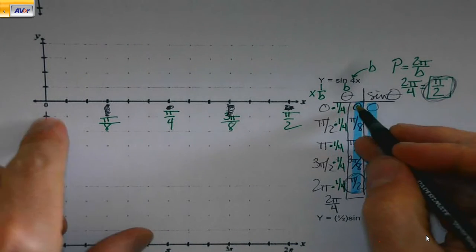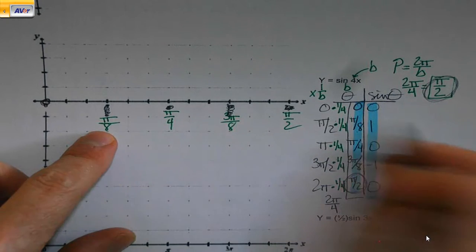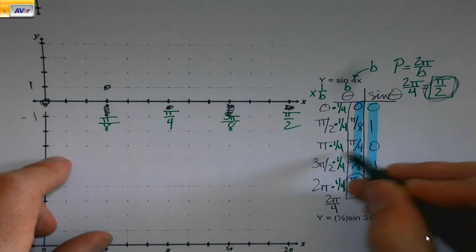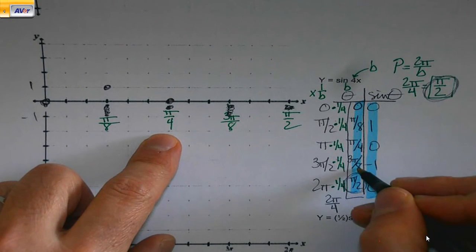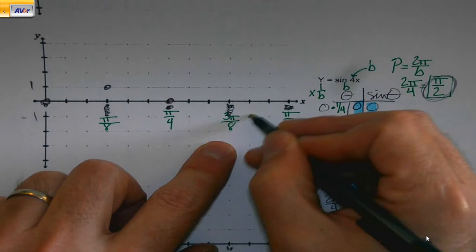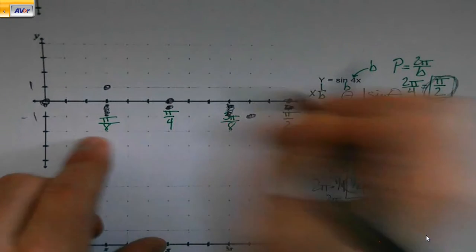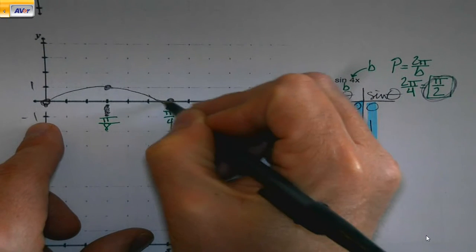At 0, I'm going to be at 0. At pi over 8, I'm going to be up at 1. At pi over 4, I'm going to be back to 0. At 3 pi over 8, I'm going to be down to negative 1. And at pi over 2, we're back to 0. And that looks... Whoops, I almost got a little too crazy there.